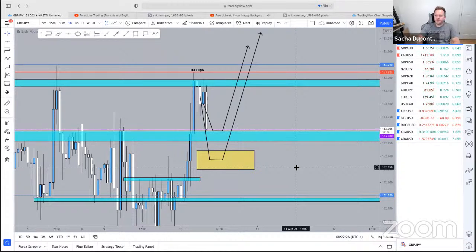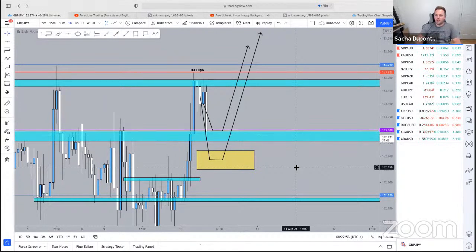So if the 30-minute closes against me, this is where I'm going to get out of the trade. If it starts breaking the low or the high of the previous 30-minute, this is where I'm probably going to be cutting 50%. But sometimes I'm just going to let it play also.